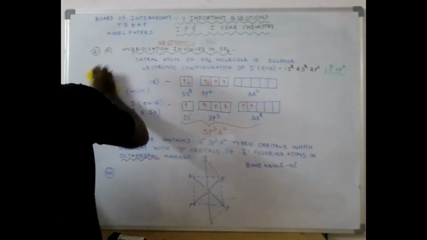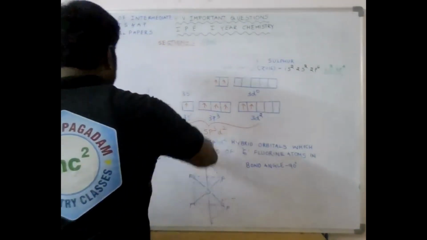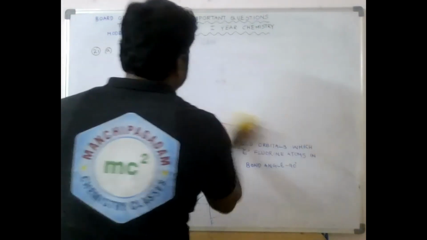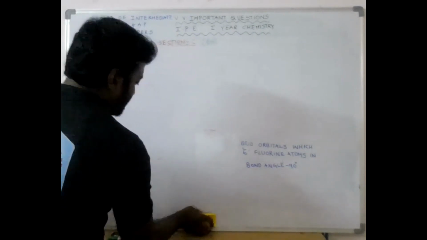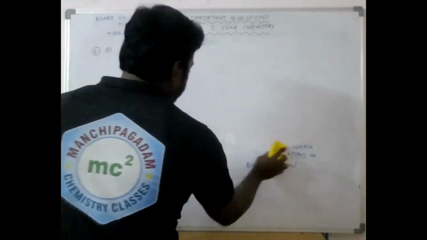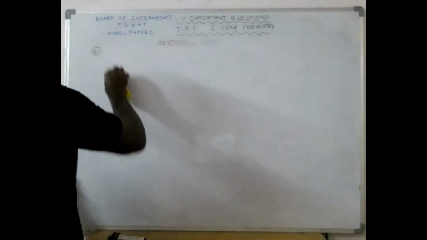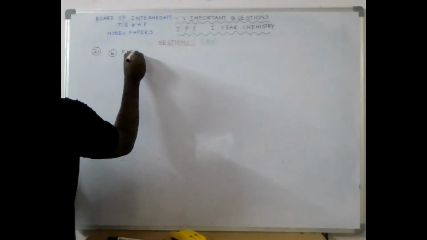The remaining half of the question also will come from the same chapter, chemical bonding. As I told, that is the Fajans rules. Explain the Fajans rules with examples. That is the question.